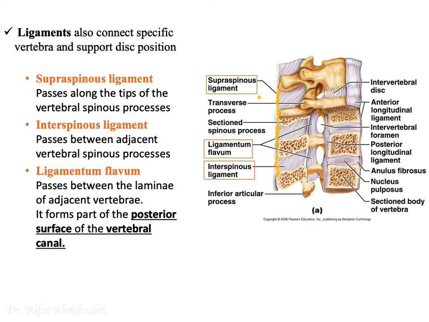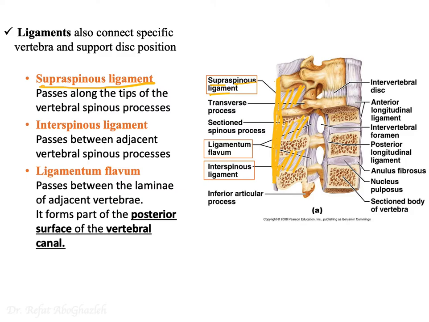We call it the supraspinous ligament, not interspinous. It's supraspinous because it connects the tips of the spinous processes. Now, between the spinous processes themselves, this is called interspinous. That means you have supraspinous and interspinous ligaments.